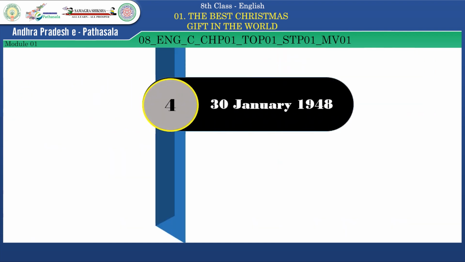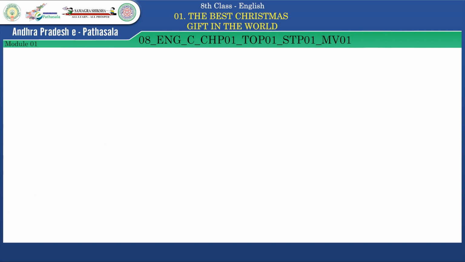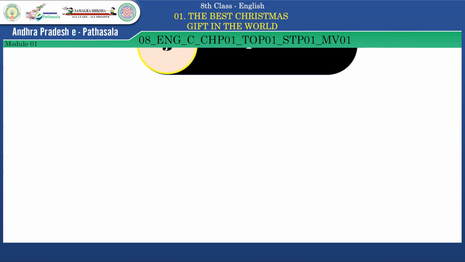30th January 1948. Do you know what happened? I hope you all know that our great leader Mahatma Gandhi was assassinated by Nathuram Godse. Look at this date, 12th April 1961. Do you know what happened on this date?